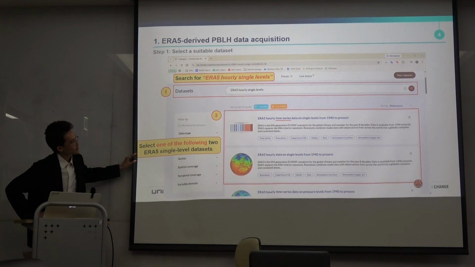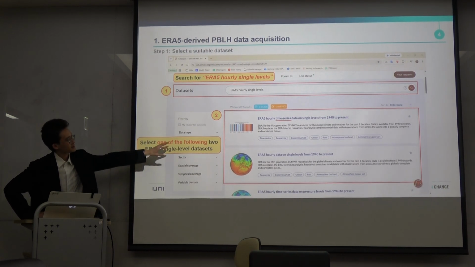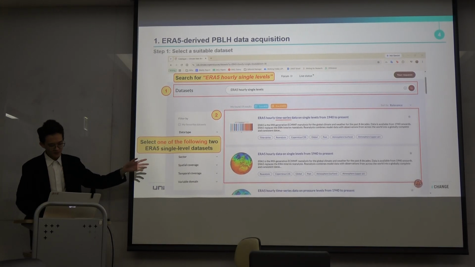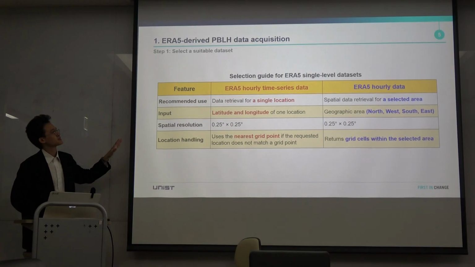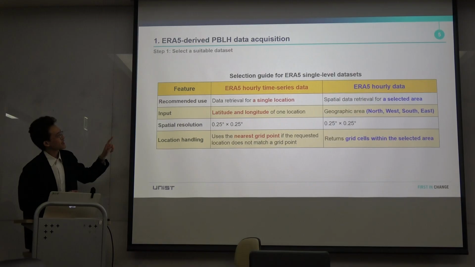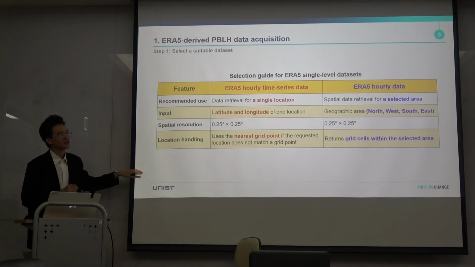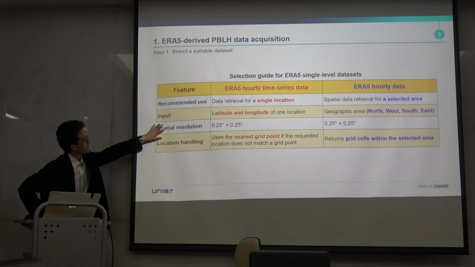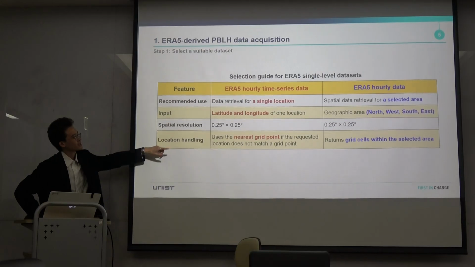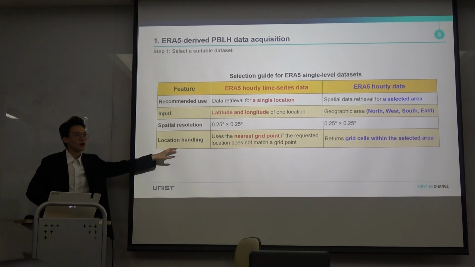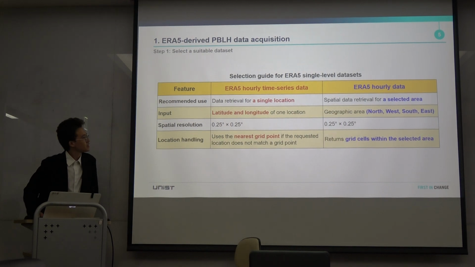The only difference between these two data sets is that the first data set has "time series" in the name. So this is how I select the data set. The ERA5 hourly time series data is suitable for single location extraction, as we can enter only the latitude and the longitude of the location, and ERA5 will select the nearest grid point to the requested location.